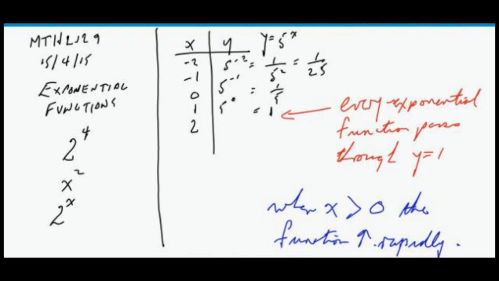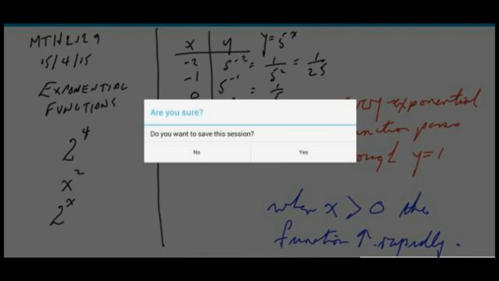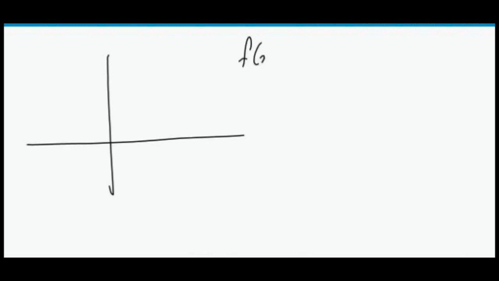Okay, so that's what we are looking at. So to get a new page now, when we have a function like this, f of x is equal to 5 to the x, it would run something like this. And we know that this is always y is equal to 1.